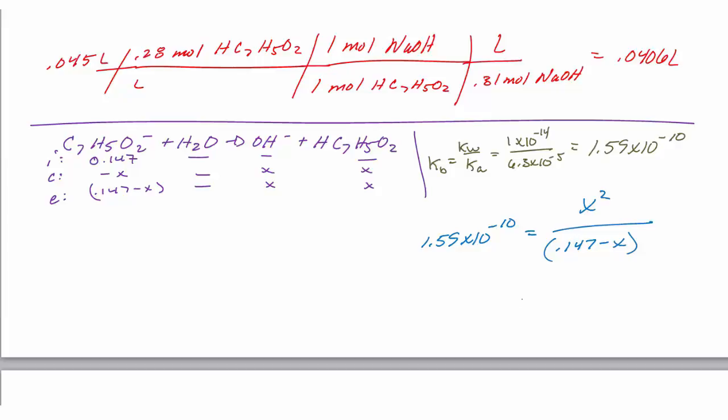I like that 10 to the negative 10, so we can say 1.59 times 10 to the negative 10 is the same as X squared over 0.147. So what do I get for X? 1.59 times 10 to the negative 10 times 0.147, square root, is about 4.83 times 10 to the negative 6.